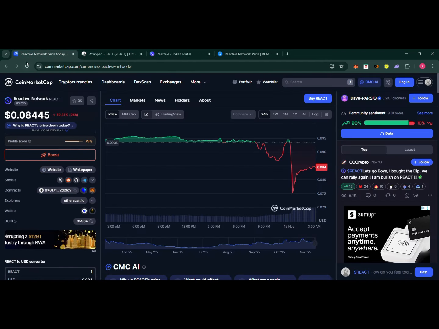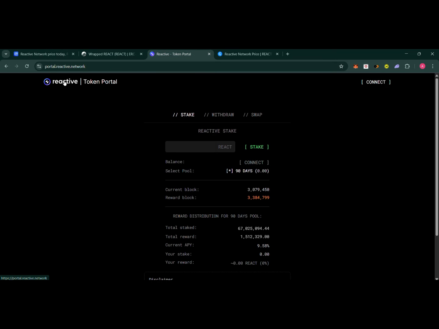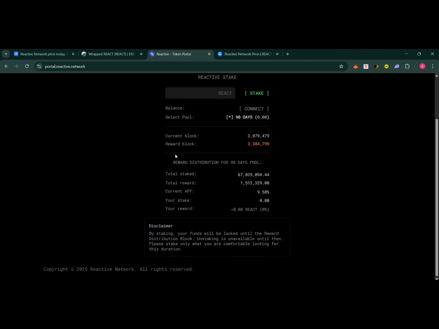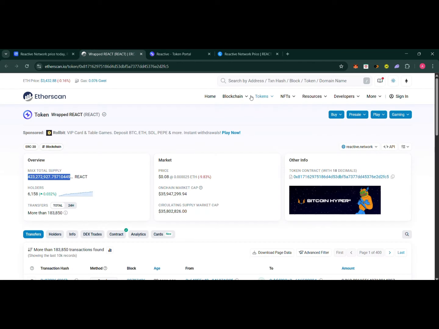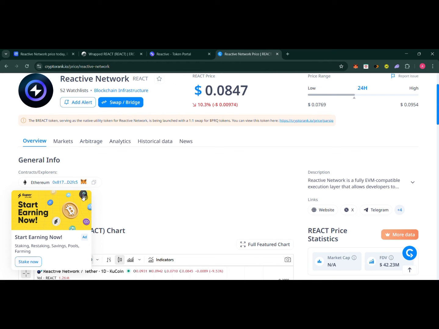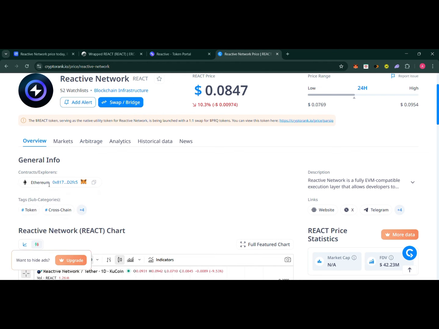Okay. Now, why I'm talking about this is because you would say that the token is available on multiple chains. When I said that, I meant it was integrated. If it was available on multiple chains, you would see that contract from those chains like BNB, Avalanche, or Base, what we discussed earlier, right?